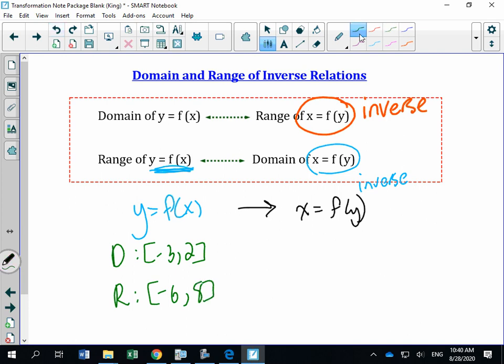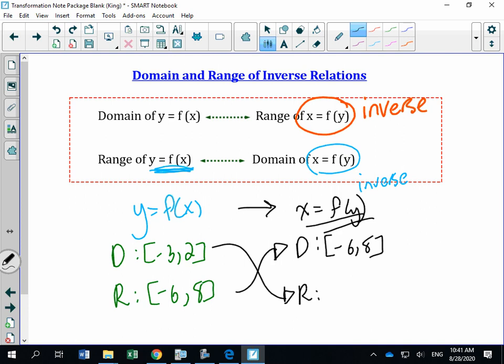If that's the domain and range of the original function, then the domain of my inverse graph is going to be -6 to 8, and the range of my inverse graph is going to be -3 to 2. So the domain of the original is the range of the inverse, and the range of the original is the domain of the inverse.